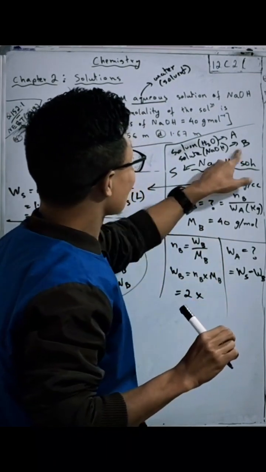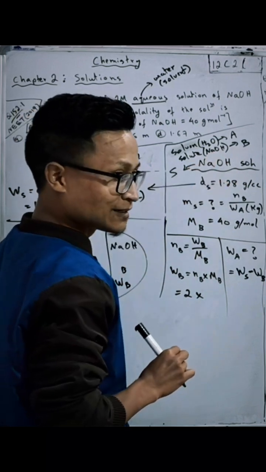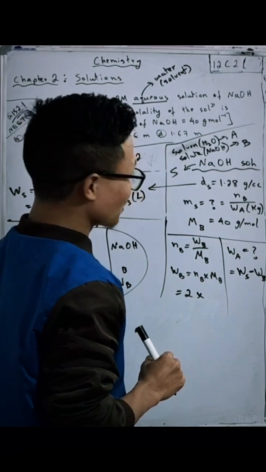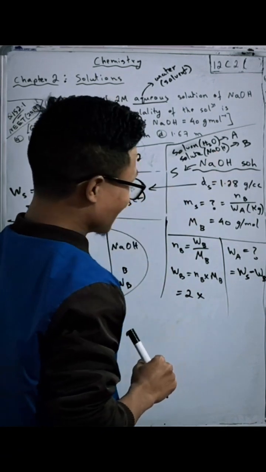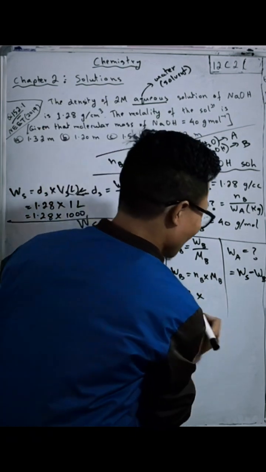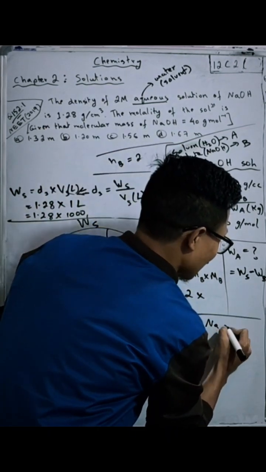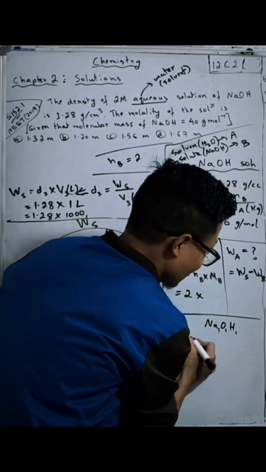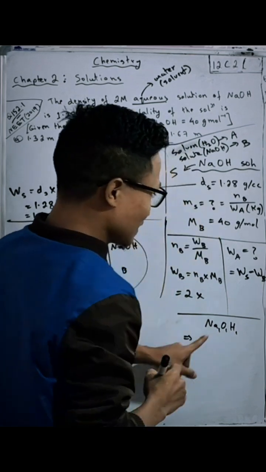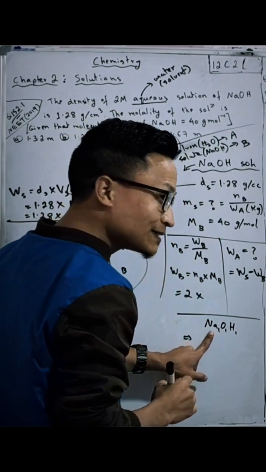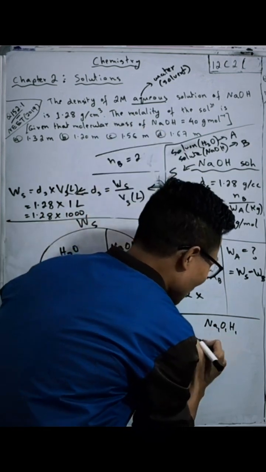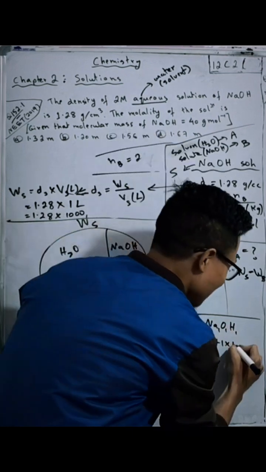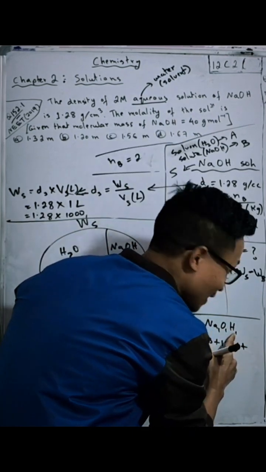The solute B means the molecular mass of NaOH. We have NaOH, so the mass of sodium is 23, so 1 into 23, plus 1 into 16, plus 1 hydrogen atom into 1.